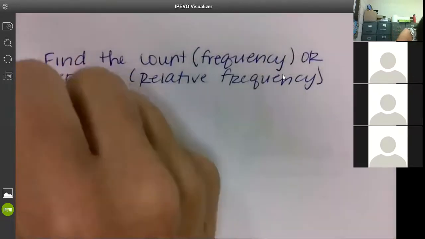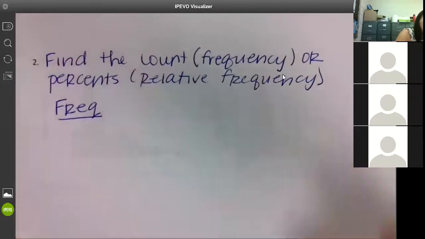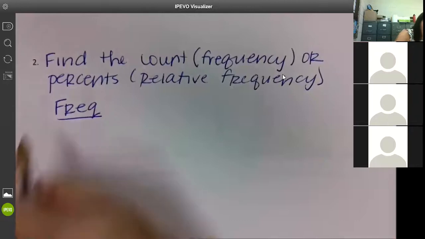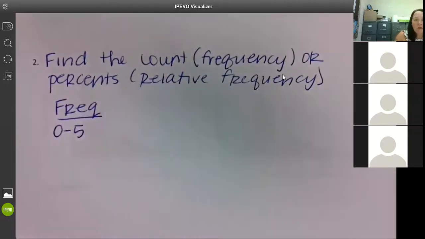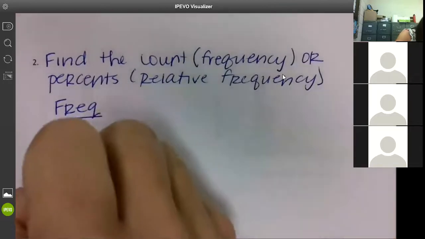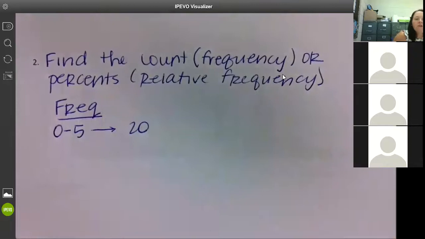All right, so I'm going to show you how we do it with this chart. I'm not going to do the whole thing, okay? So if you're doing the frequency, we're going to start with 0 to 5. We look back in that big chart, that page we didn't write anything on, and we see that there are 20. So our 0 to 5 bar on our histogram would be 20 units high. So everybody got it?